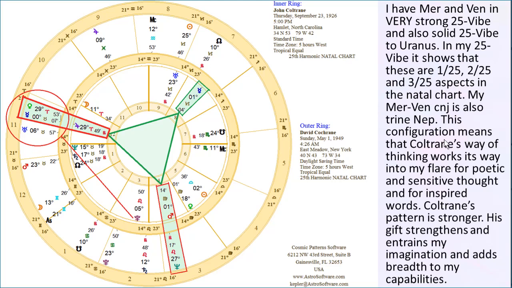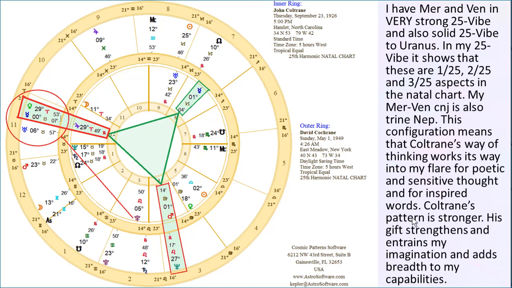So this configuration means that Coltrane's way of thinking works its way into my flair for poetic and sensitive thought. My Mercury-Venus trine Neptune, this poetic quality, I still write poems to this day. So Coltrane's pattern is stronger. His gift strengthens and entrains my imagination and adds breadth to my capabilities.